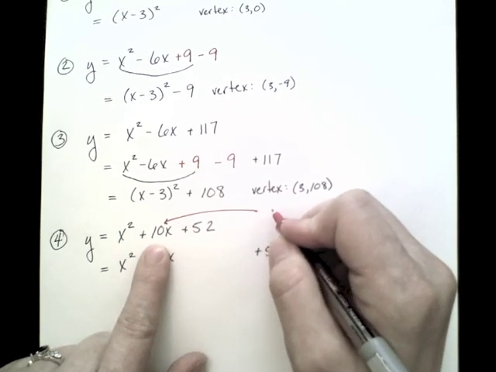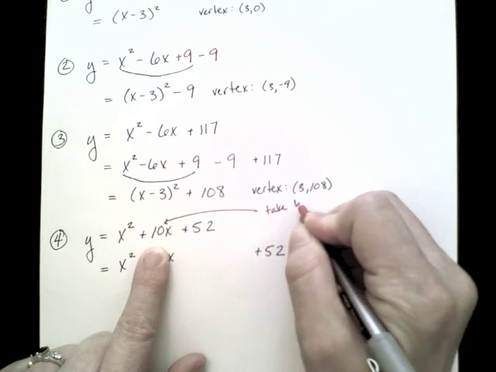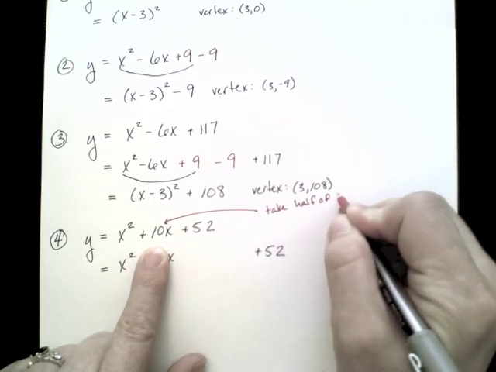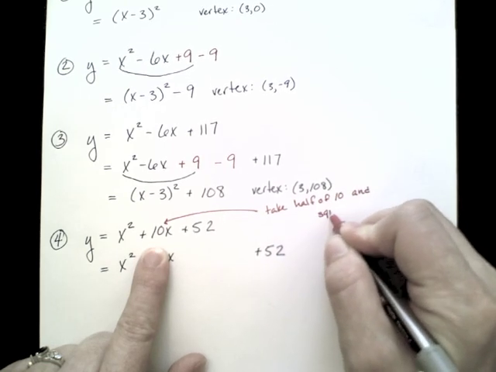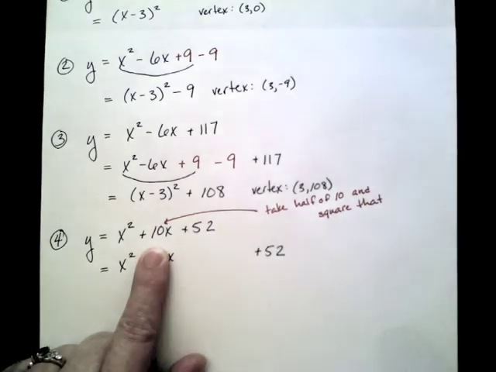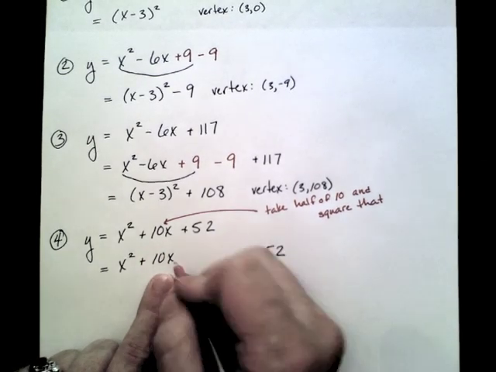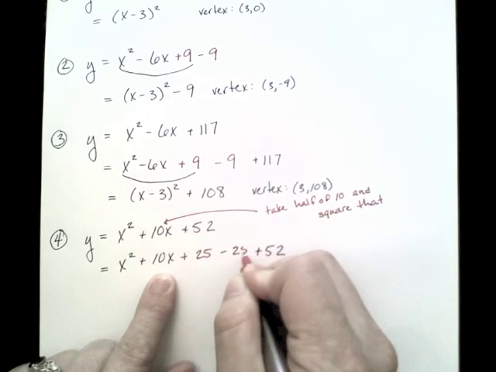So I'm going to take half of 10 and square that. So half of 10 is 5. So that squared is 25. So I get plus 25 minus 25.